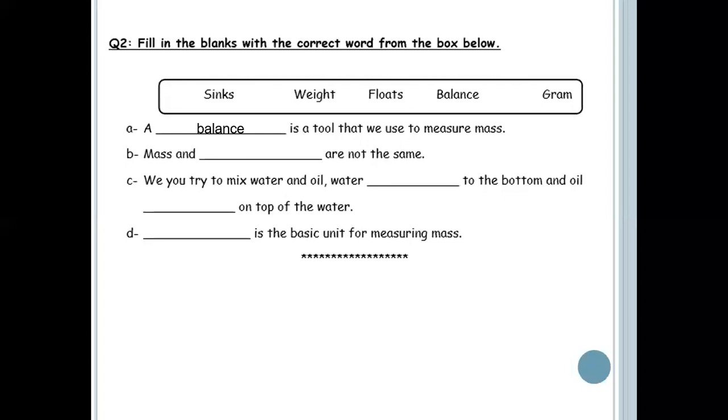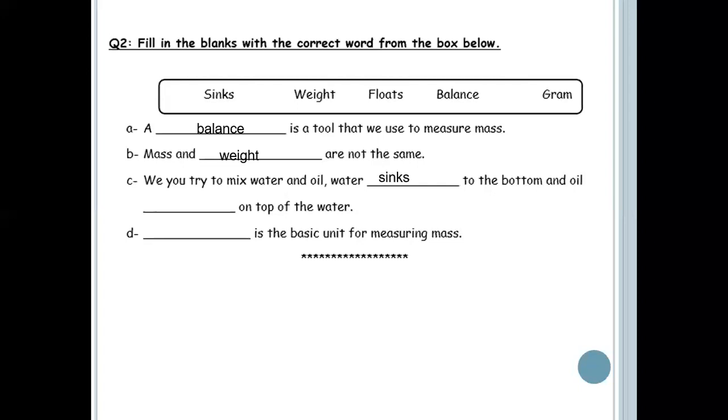B. Mass and weight are not the same. C. When you try to mix water and oil, what will happen to water?